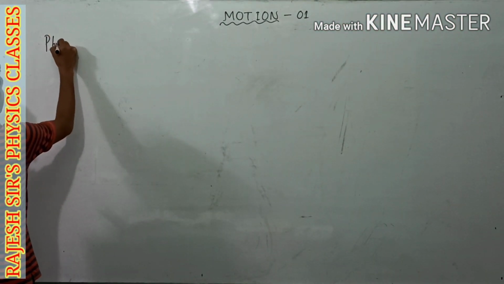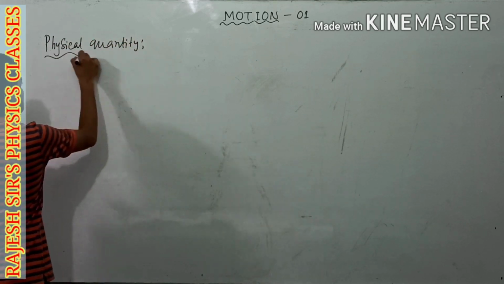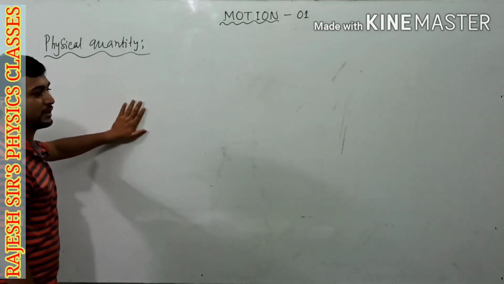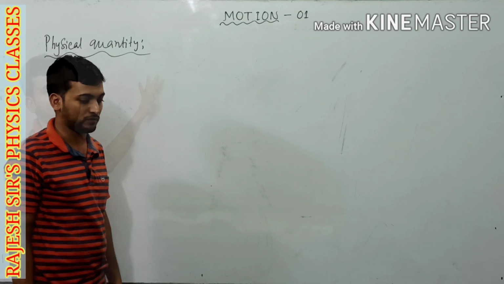Now we are going to talk about physical quantity. What is a physical quantity? Anything that can be measured directly or indirectly is known as physical quantity.